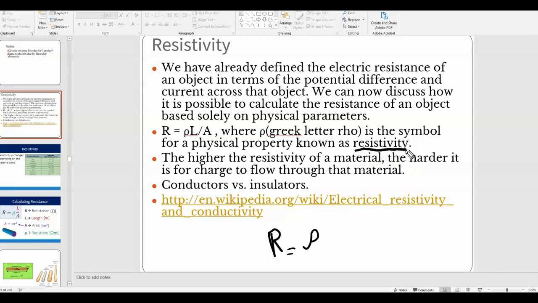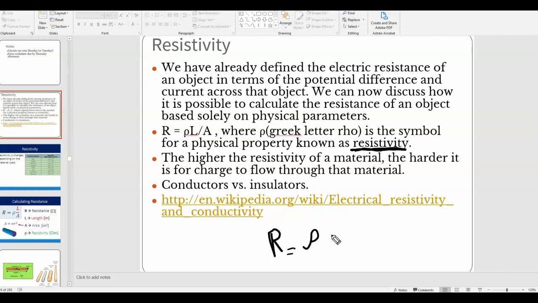Resistivity is a value that depends on what the material making up the object is. For example, copper would have one set resistivity, silver might have another, gold would have another, iron, and so on. Resistivity is basically a number that quantifies how much resistance a certain type of material has.